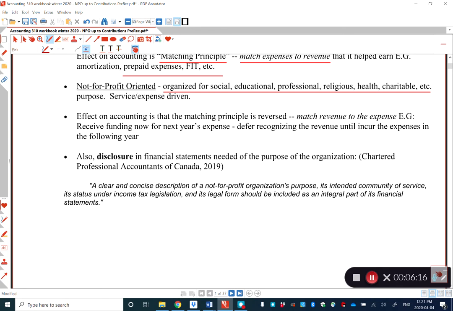Now, they are in the business of generating revenues, but that revenue tends to go towards, instead of maximizing shareholder wealth, which is the purpose of a for-profit enterprise, rightly or wrongly, a not-for-profit organization earns revenues in order to, in many cases, attempt to better society through social causes, education, professional organizations, like the CPAs of British Columbia, which is a not-for-profit organization, religious organizations like churches, health, like hospitals. And then you would be most familiar with charitable.